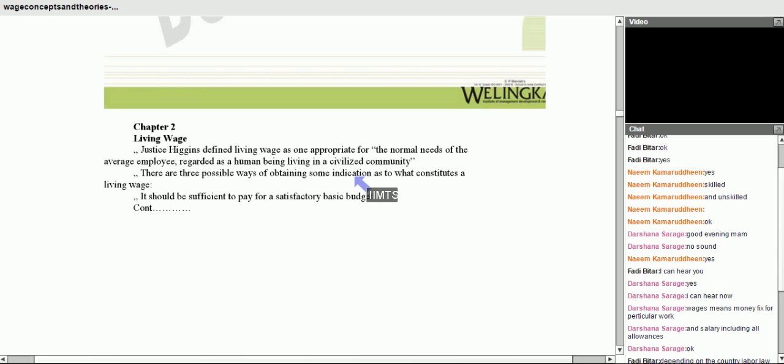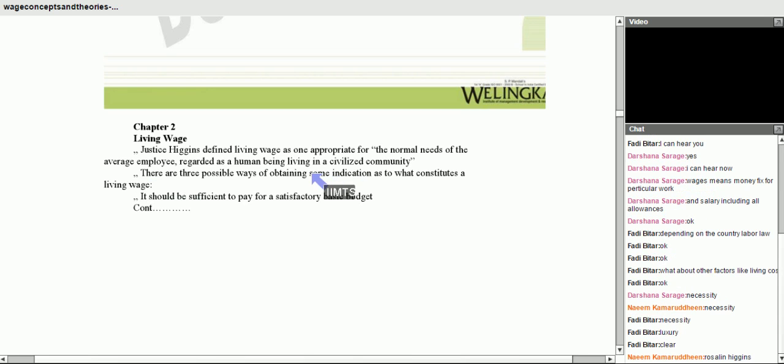We assume that the living being is a normal being and they are living in a civilized society. So we assume that the person is living in a civilized community.